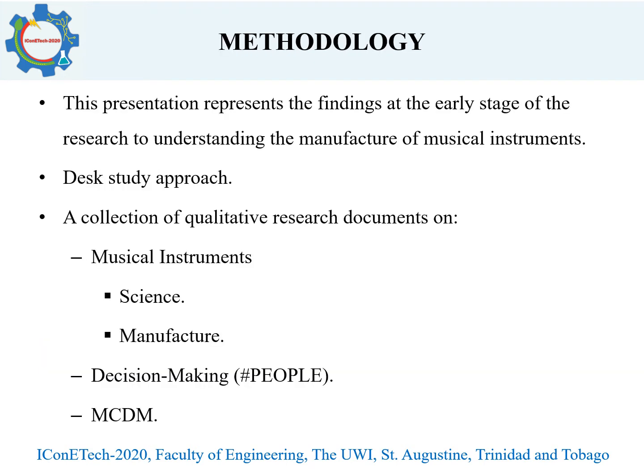This presentation is based on the early stage of my research. I have collected information on the science and manufacture of instruments, decision making, especially dealing with people, and MCDM.